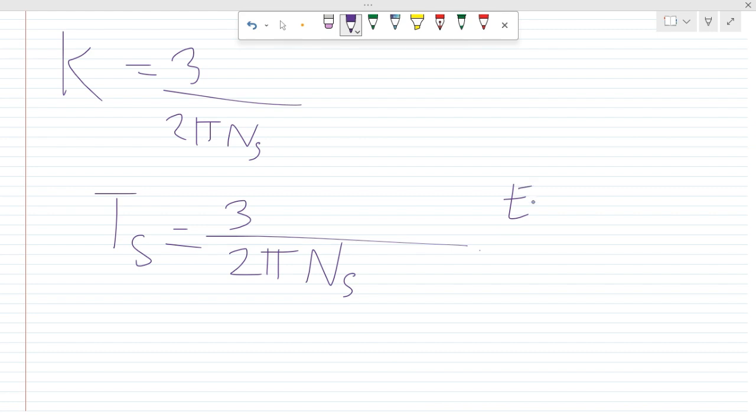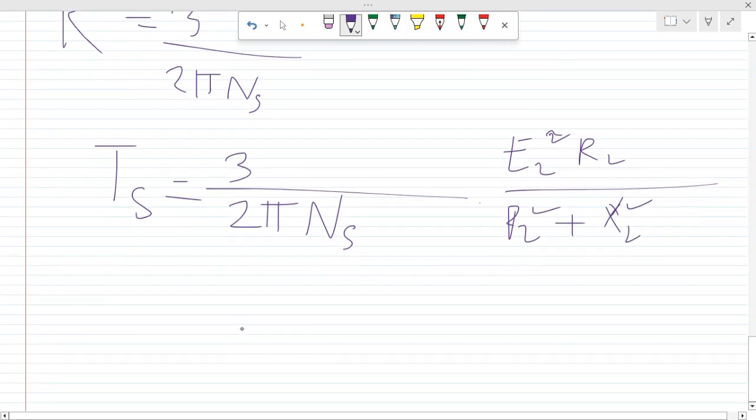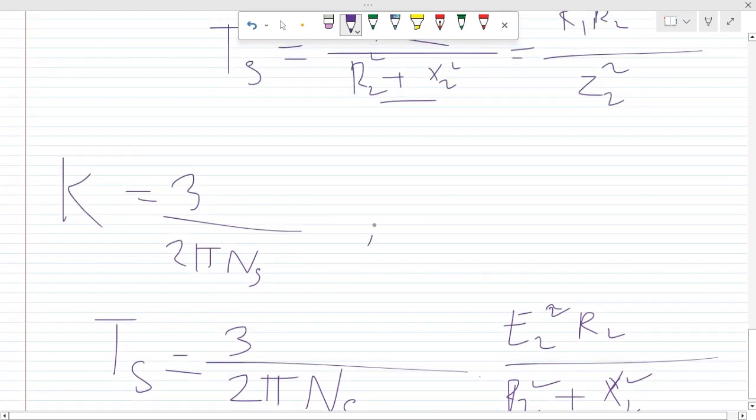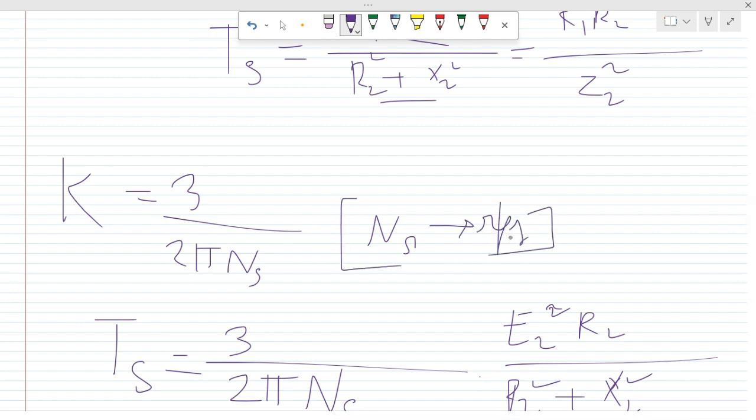multiplied by E2 square R2 by R2 square plus X2 square. All right, and another thing, ns here is in rps, revolutions per second.